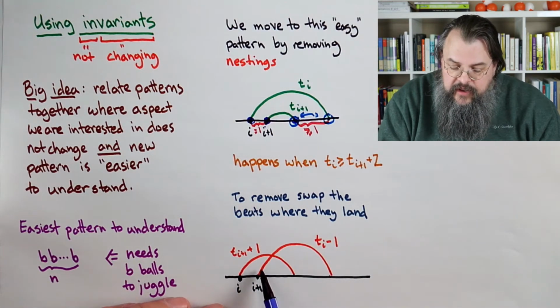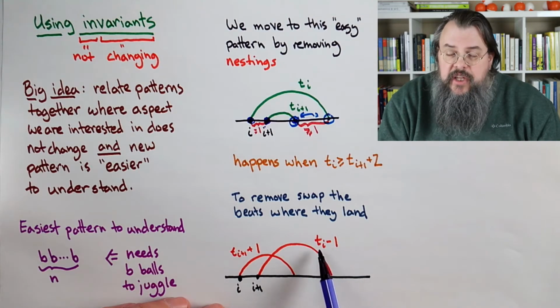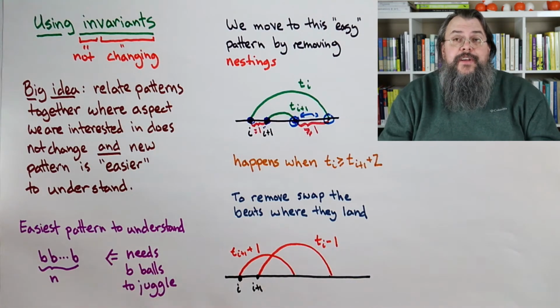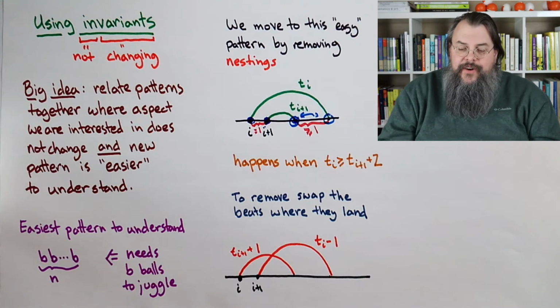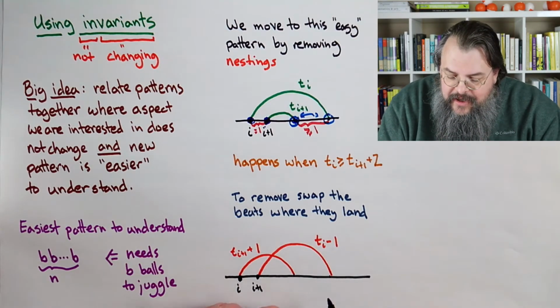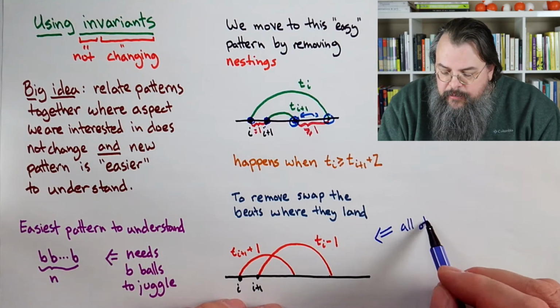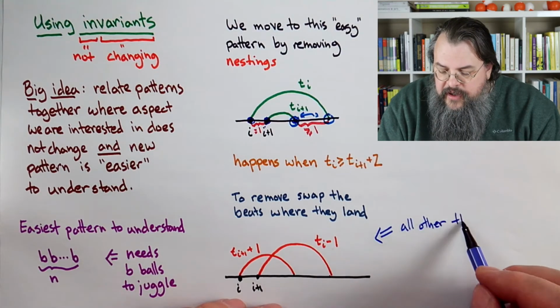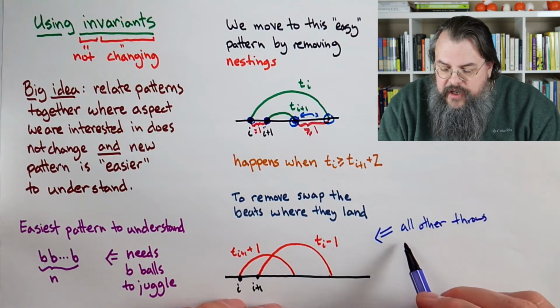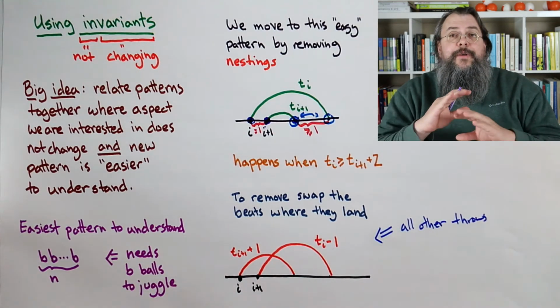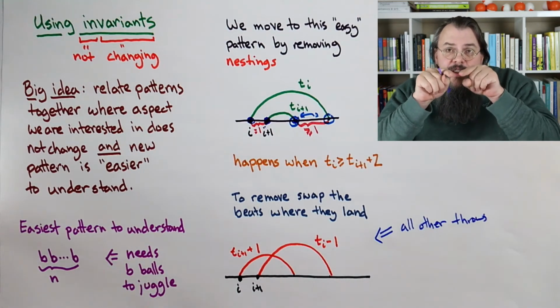So that says the throw goes to t sub I minus 1. All right, now the key here: all other throws, modulo the period, are going to be unchanged, since we're only dealing with just those two consecutive throws.